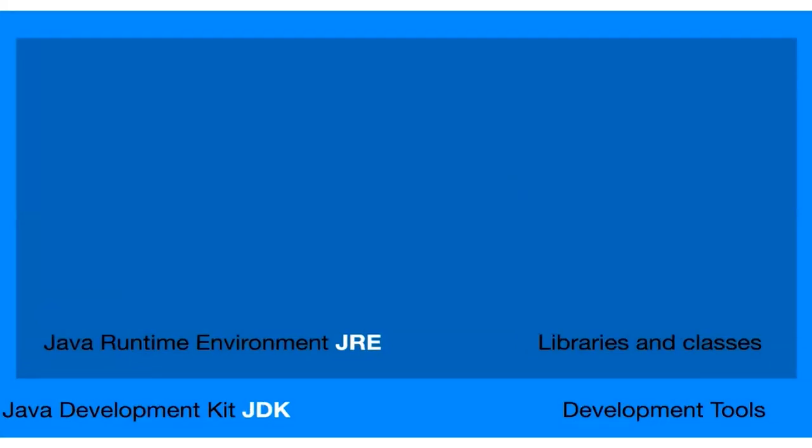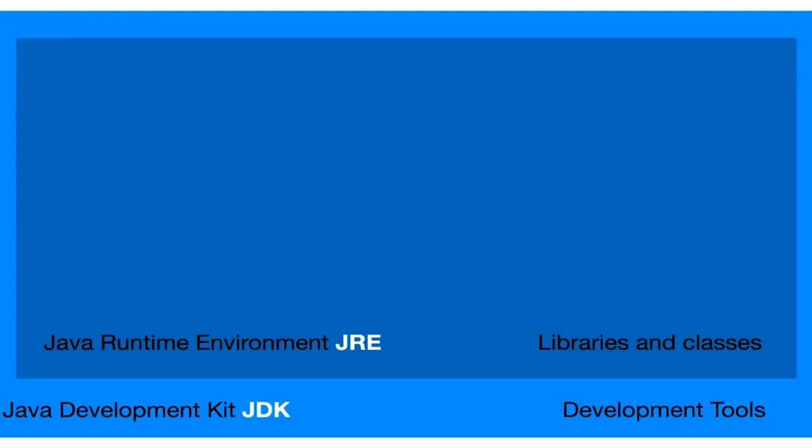Okay, so we're discussing JDK, which stands for Java Development Kit. We say it's the environment that gives us everything we need to develop our Java applications. When they say environments, it's just the software.